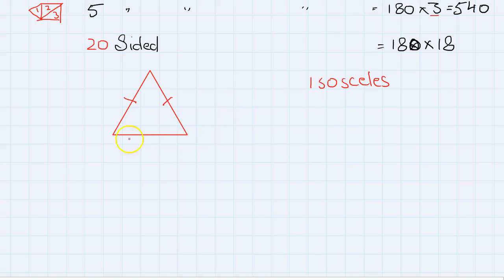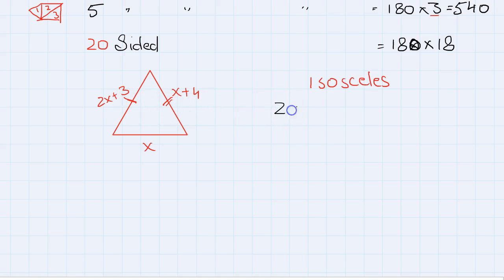If you have a question where there is an isosceles triangle, you know in an isosceles triangle two sides are equal. If the sides are given as 2x plus 3, x plus 4 and x, then because this is an isosceles triangle, these two sides are equal.